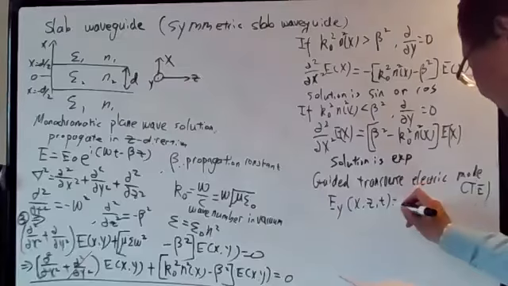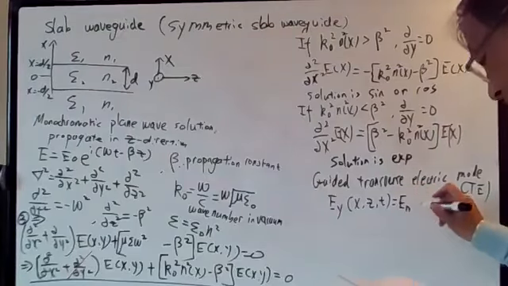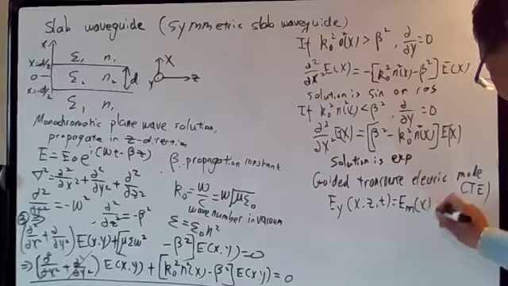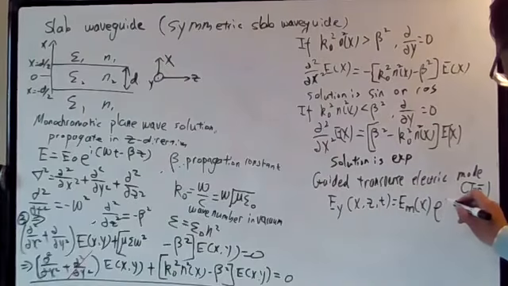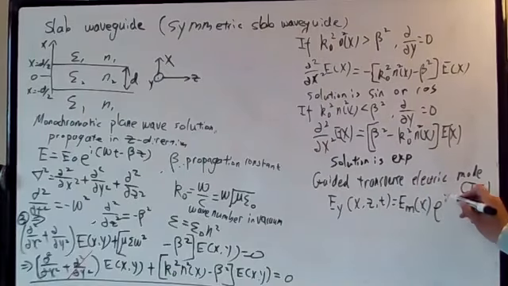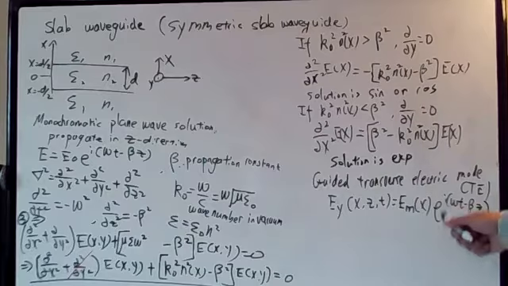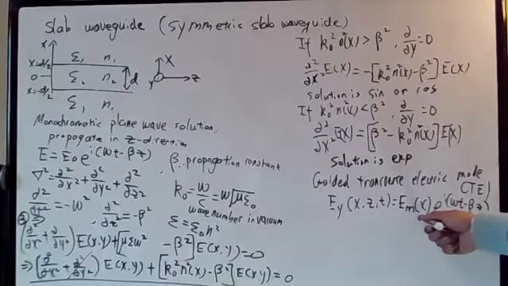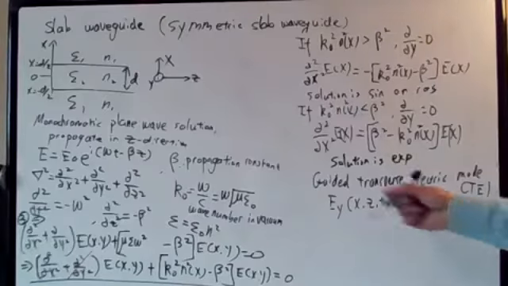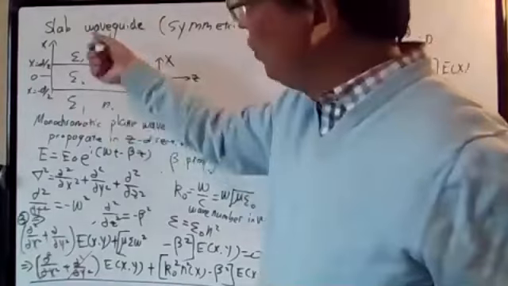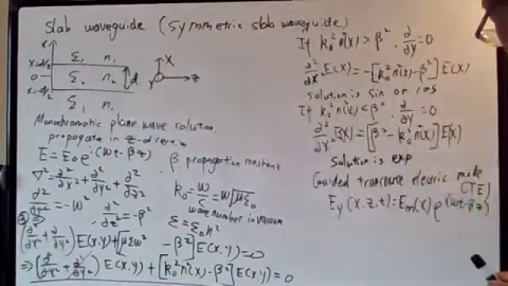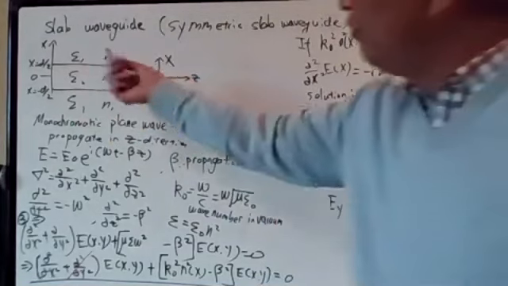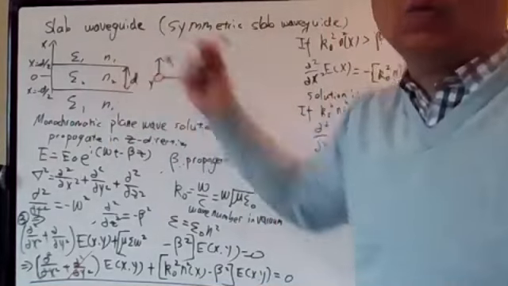It is E equals E(x) exponential i omega t minus beta z, right? So in other words, this is harmonic in time and propagating in z. The field varies in x, so we have some kind of field variation in the x direction, but the field is oriented in y.